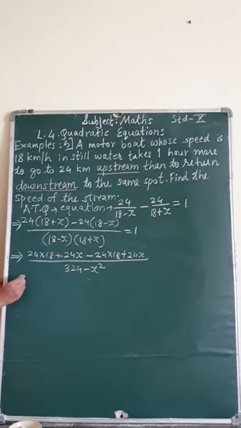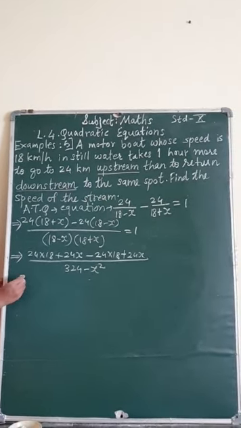So here we have 432, and we can cancel it directly. Instead of finding the product and cancelling, this is plus and this is minus, so we can easily cancel them. 24 plus 24, 48x upon 324 minus x square is equal to 1.